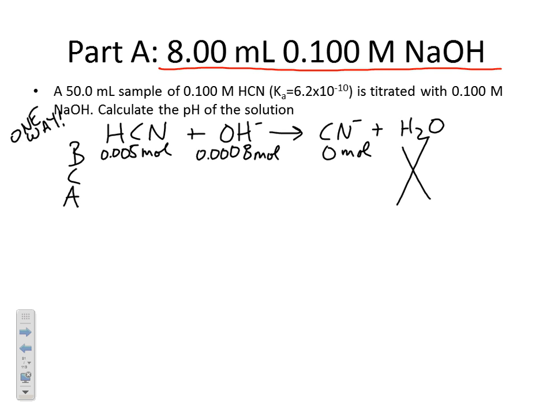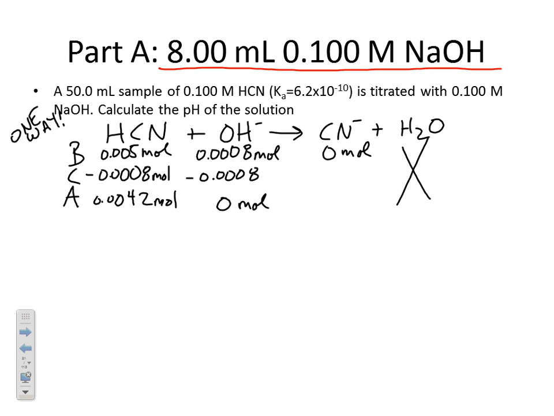So just like the BCA charts from the titration problems before, you want to make your limiting reactant go to 0. So we can look at the reactants. We can tell that the hydroxide will get completely consumed. So I'm going to lose 0.0008 moles of that. So I'm also going to lose 0.0008 moles of the cyanic acid to bring it to 0.0042 moles at this point in the titration.